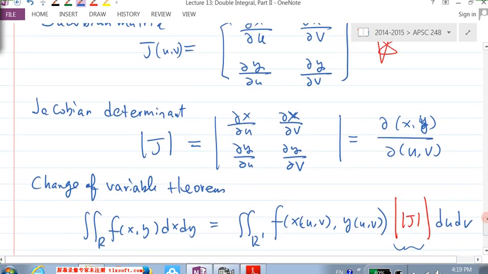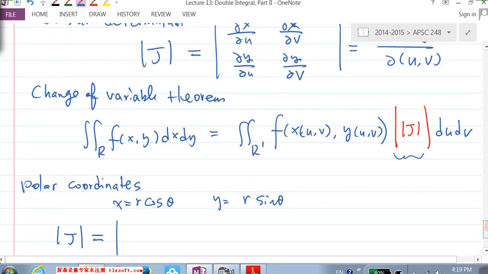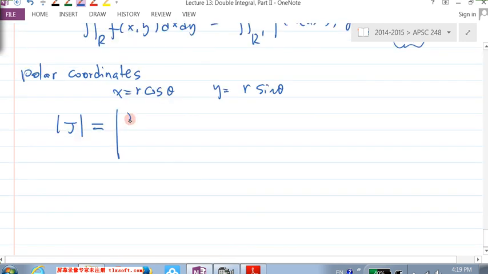Okay, so how do I verify? I need to calculate this matrix and then determine the determinant, with the absolute value. Partial x over partial u, so in this case it's partial x over partial r, and then partial x over partial theta, partial y over partial r, partial y over partial theta.